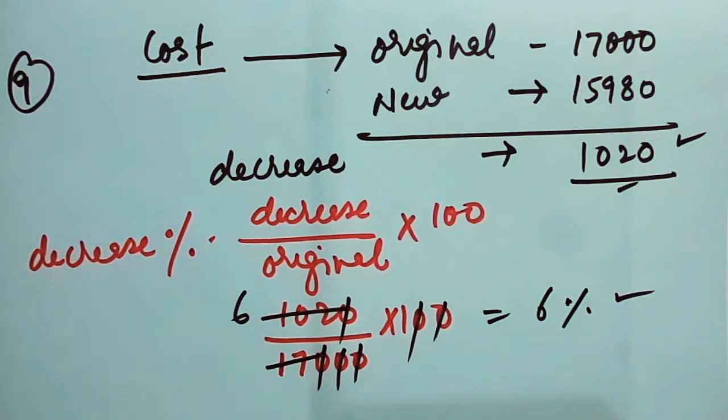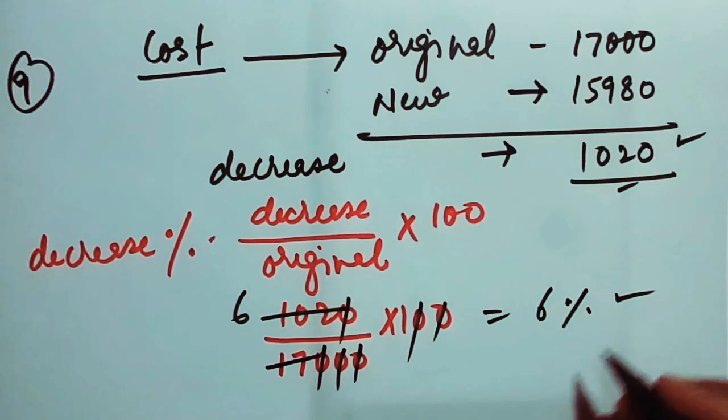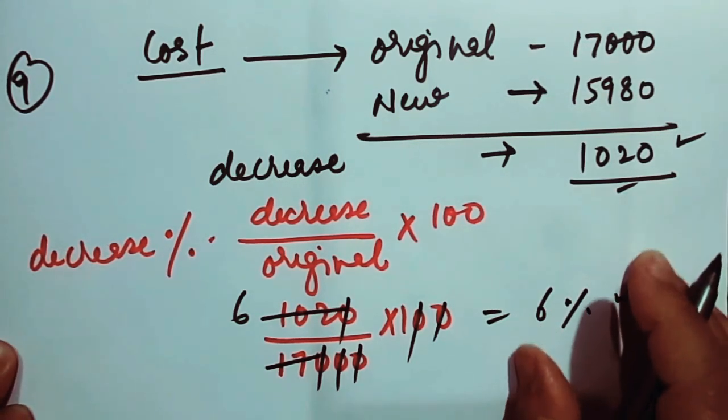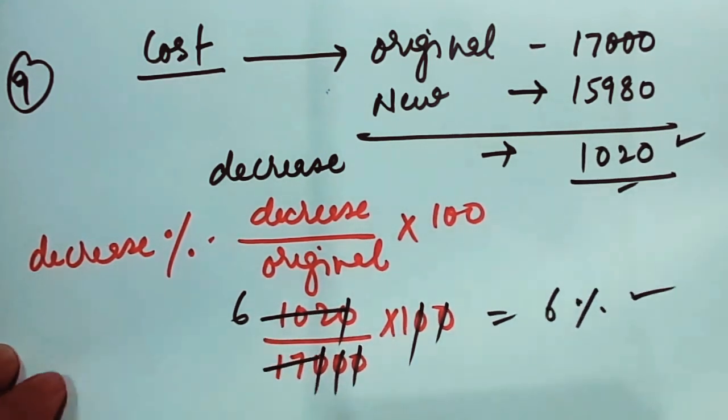Very simple. Similarly, you have number 10, which has been repeated. Therefore, I can now say that we have completed our exercise.